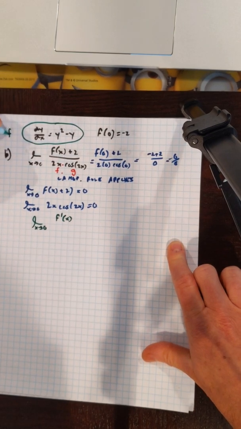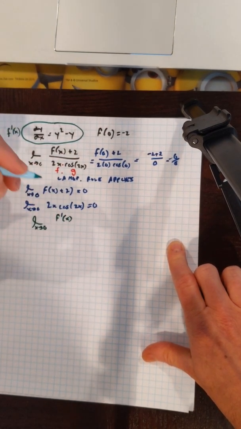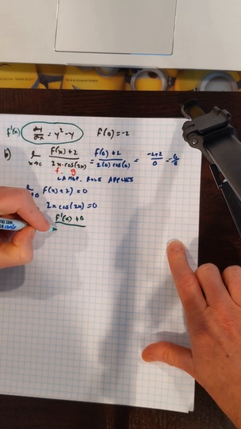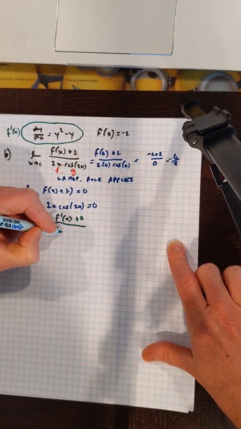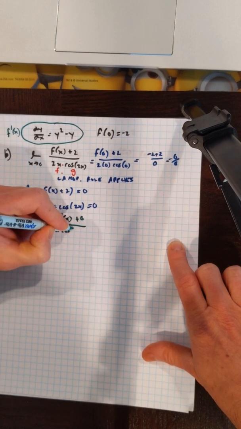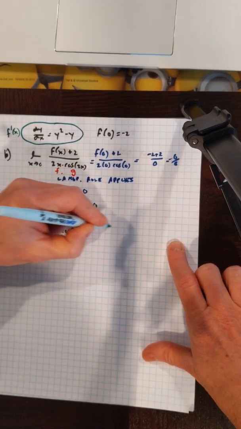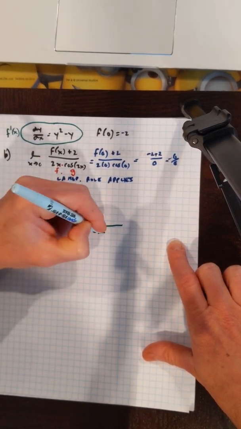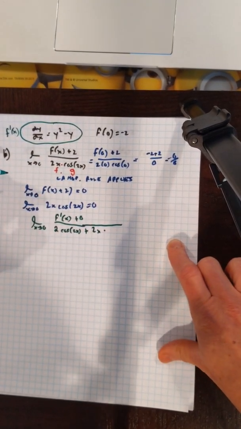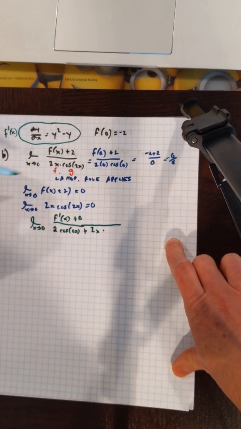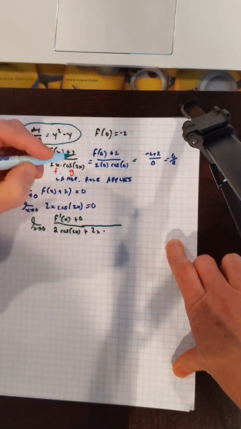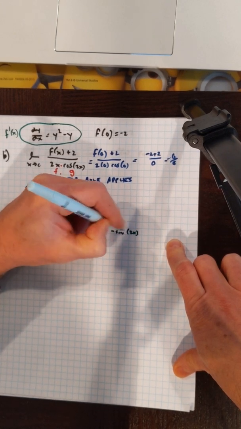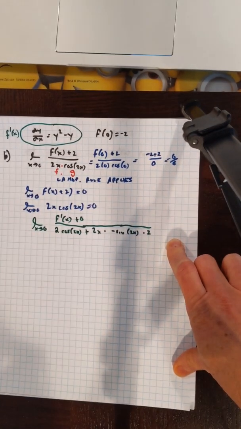This is your f'(x) plus 0 over, now I'm going to do my product rule, f' g plus f times chain rule. Cosine u is negative sine u times derivative of u.